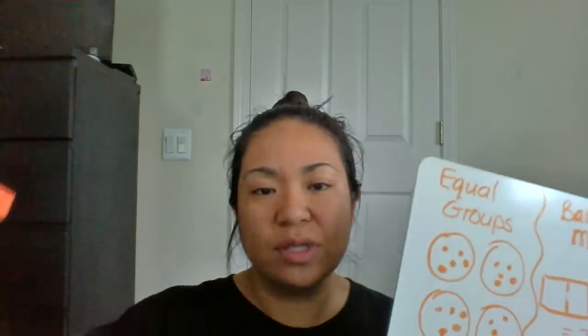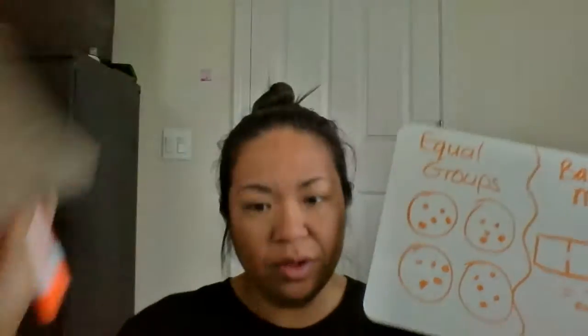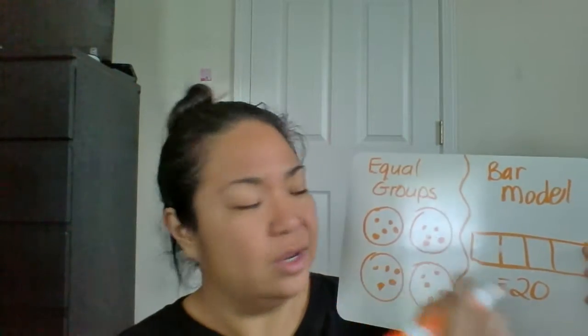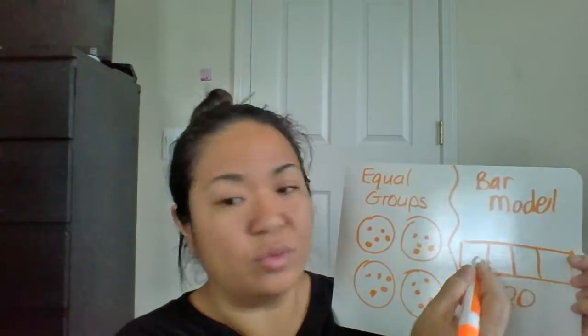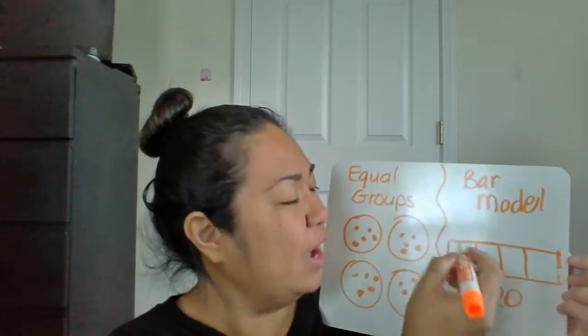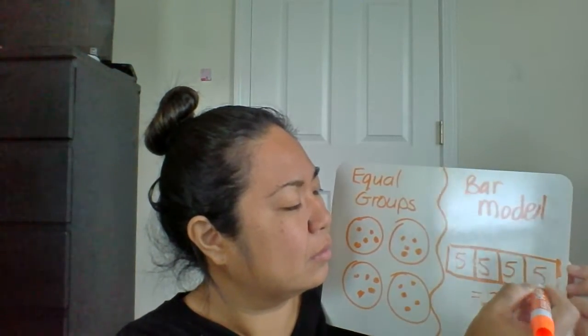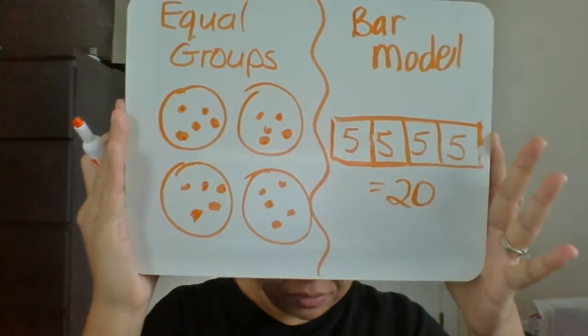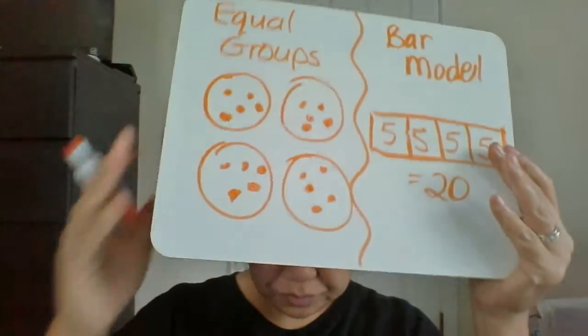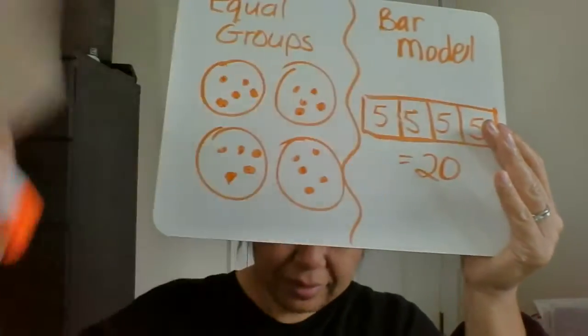So I know that there's 5 circles in each row, 5 dots in each circle, which means the number that goes inside here would be 5. You're right. And that's how I create division strategies that look very similar to multiplication strategies.